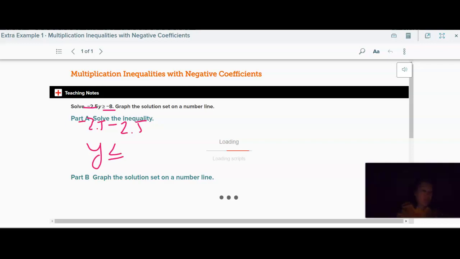On the right, a negative divided by a negative is positive 3.2. When we graph this, it goes a little bit in between 3 and 4, with a closed circle and an arrow to the left.